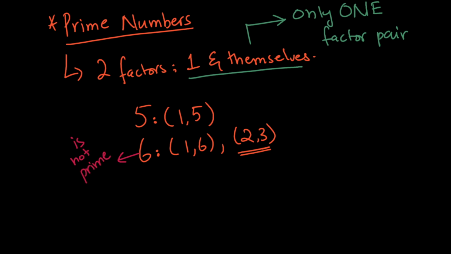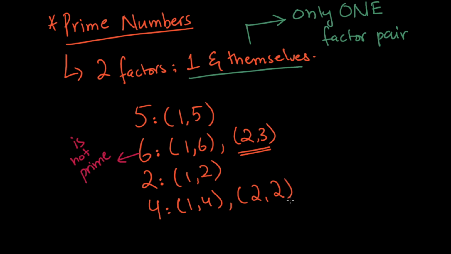Let's do a few quick ones. What about 2? So 2 only has one factor pair, that's going to be 1 and 2. What about 4? So 4 has 1 and 4, but it also has 2 and 2. Let's keep going. What about 7?